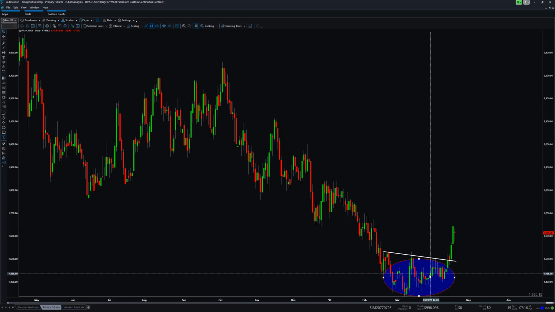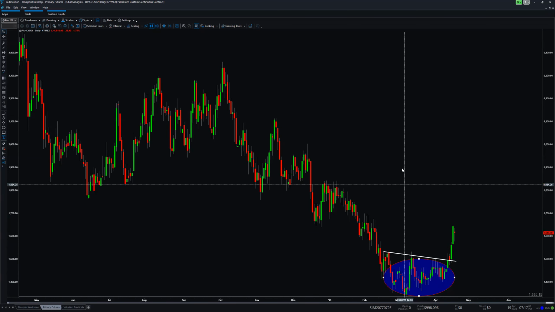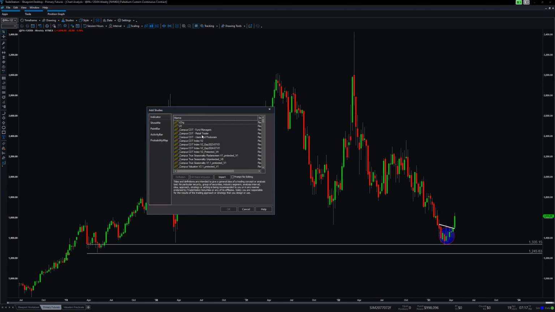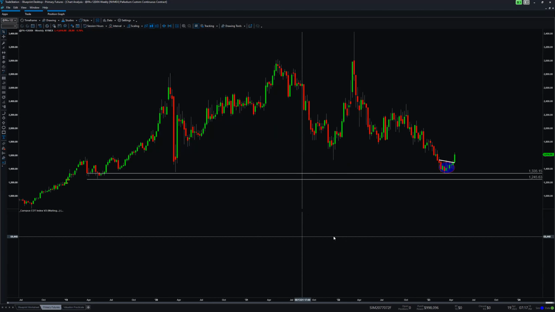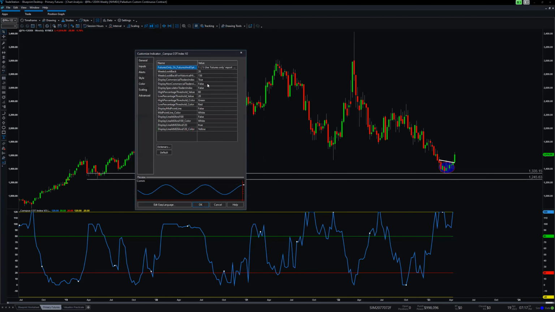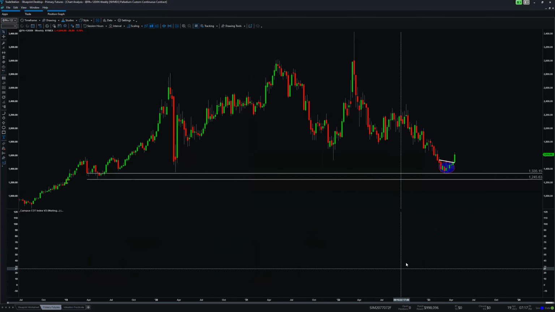What is objective, however, and where we all should be on the same page, right? Where we all were on the same page when we looked at Palladium on the weekly, and we looked at our COT index, and we looked at the commercials versus the retailers.